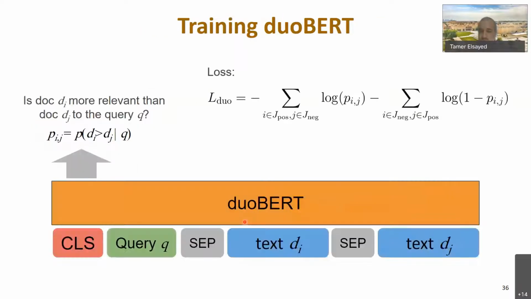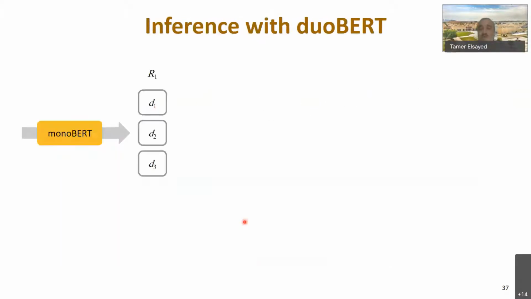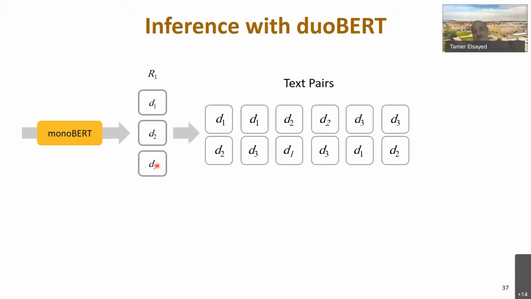This is fine-tuning. What do we do when we do inference now? I want to use the model that is now fine-tuned. If you remember, we start with BM25, then we take the top results and pass them to MonoBERT. Now MonoBERT gave us this ranked list, so we have the top 3, D1, D2, D3. In inference, we have 3 documents, so we'll have to try each one with the others.